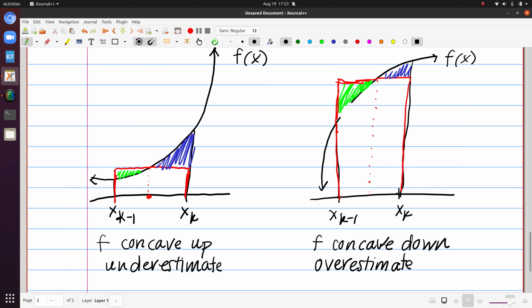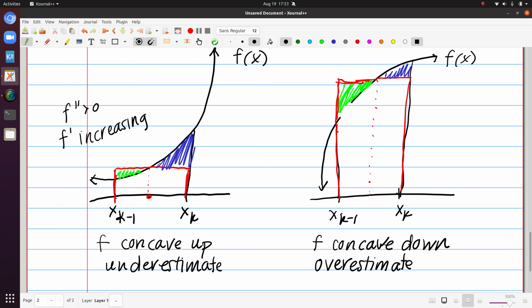So in this picture, f double prime is positive, because the second derivative is the first derivative of f prime. This means f prime is increasing. So as I jump from x_{k-1} to the halfway point, the amount that I rise is smaller than the amount that I rise as I jump from the halfway point to x_k. So that's going to explain why we have more area on the blue side.